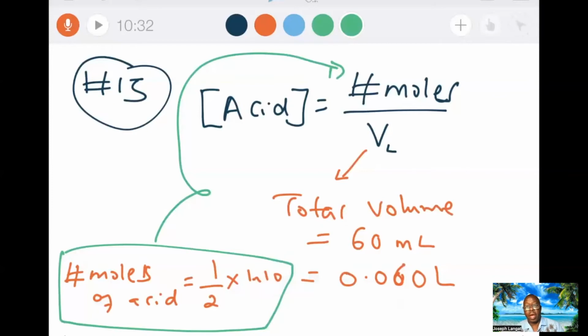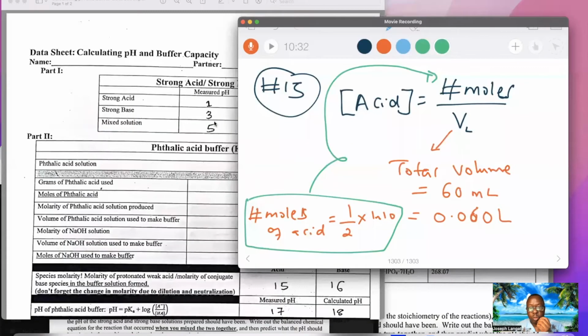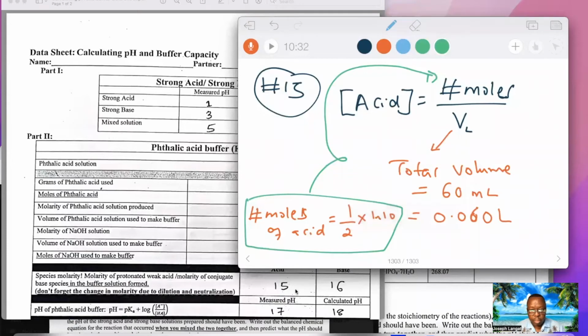It's going to convert half the number of moles. Total volume at this point is 0.060 liters. And the number of moles of the acid is not the original, but a half of the number of moles you had in line 10. That will give you the number of moles, and with that, you have the molarity for the acid.